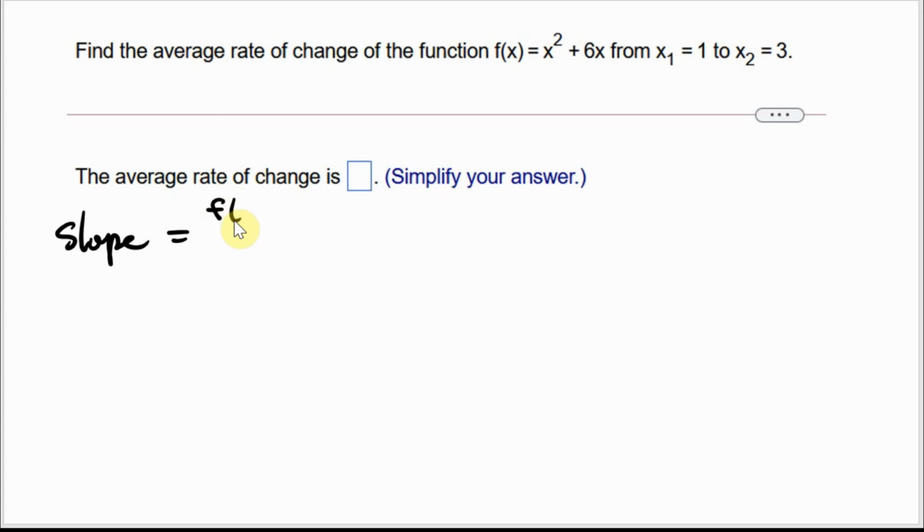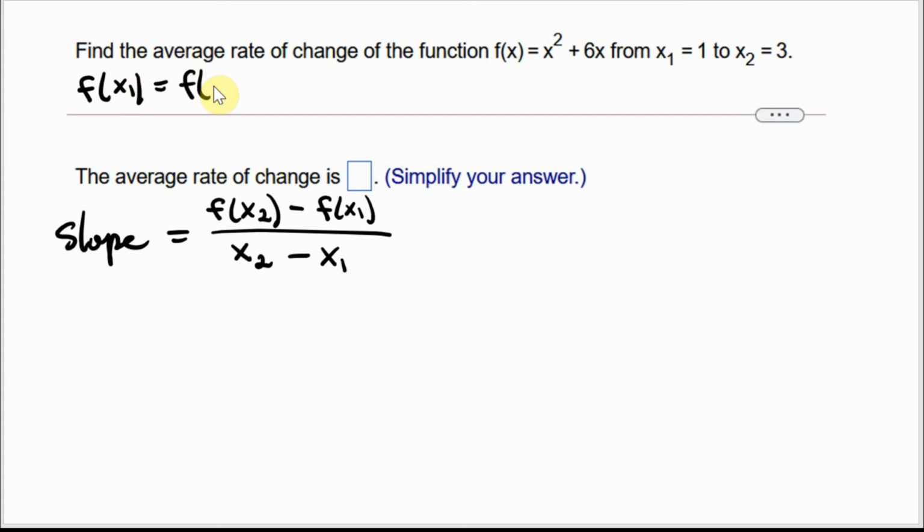This is f of x sub 2 minus f of x sub 1 all over x sub 2 minus x sub 1. So let's find f of x sub 1, but x sub 1 is 1. So this is f of 1. I'm going to plug in 1 for x. So this is 1 squared plus 6 times 1. So that just gives us 7.